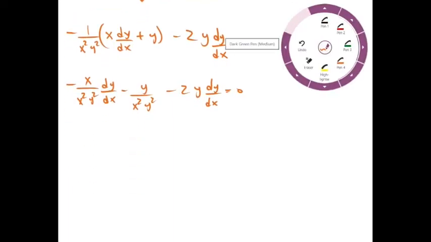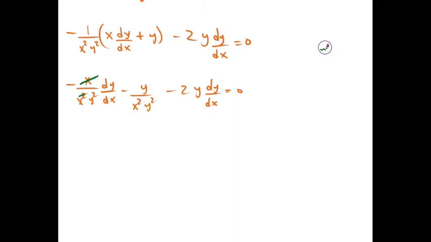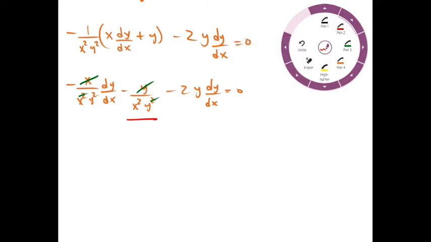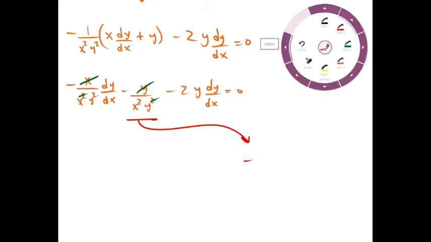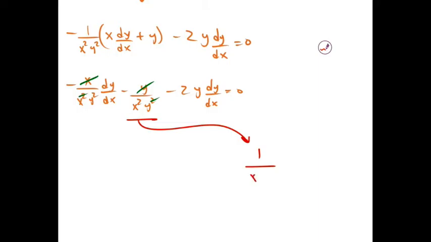You get a couple cancellations. This x will cancel on the top and the bottom. This y will cancel on the top and bottom. And now we can move this to the other side and get negative or positive 1 over x squared y equals negative 1 over xy squared dy dx minus 2y dy dx.